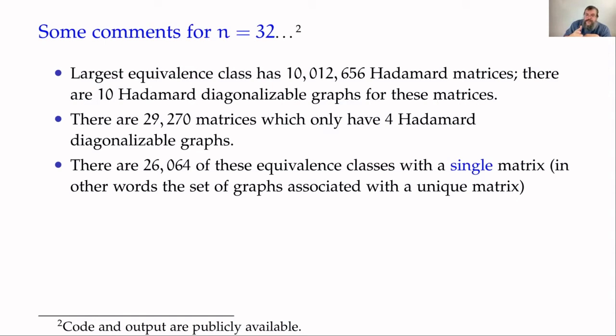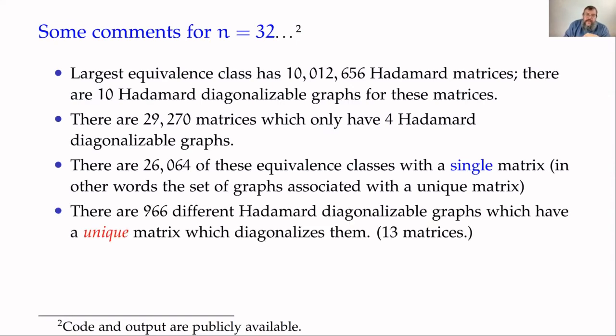And so in some sense, that's almost half of the equivalence classes that are uniquely determined by the set of graphs. Now, there's also 966 different Hadamard diagonalizable graphs which have a unique matrix which diagonalizes them. In other words, they're just sort of barely diagonalizable.